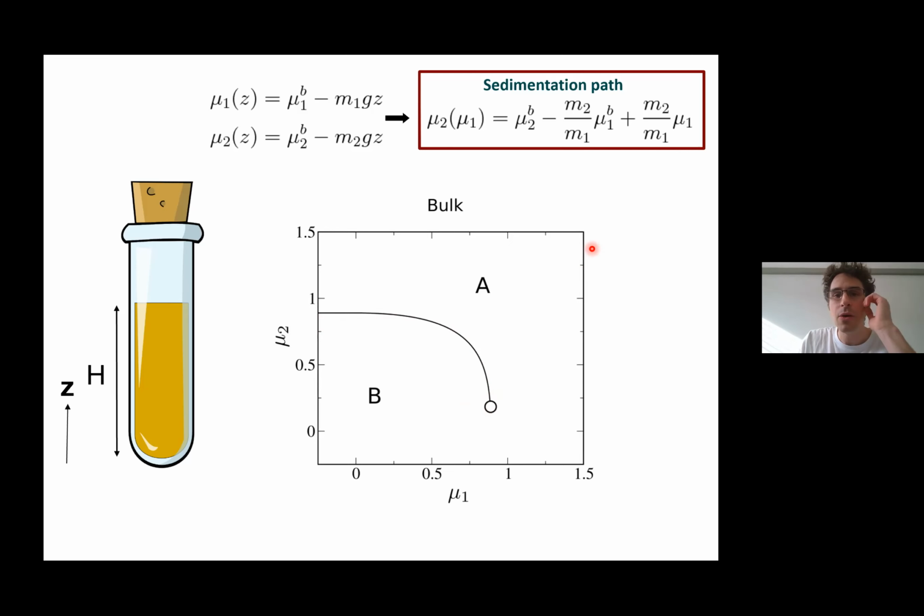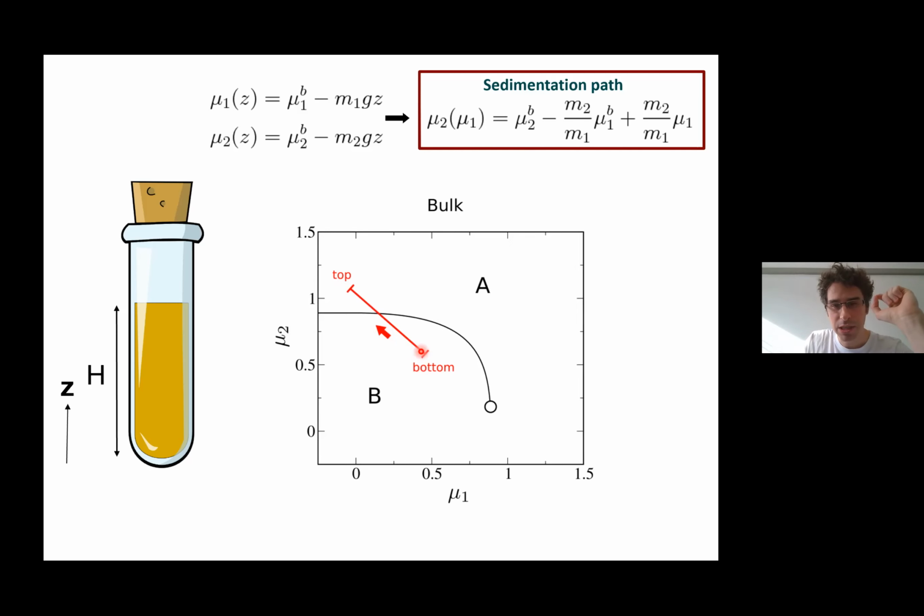Now I can plot here a sedimentation path, and a sedimentation path in this plane is, according to this equation, simply a segment of a line. It's something like this, where the slope is given by the ratio between the buoyant masses, m2 over m1. And the position is given by this complex object, which is in the end just a function of the packing fractions of the colloidal particles. Then the direction from bottom to top of the sample is given by this arrow, and by the sign of the buoyant masses.